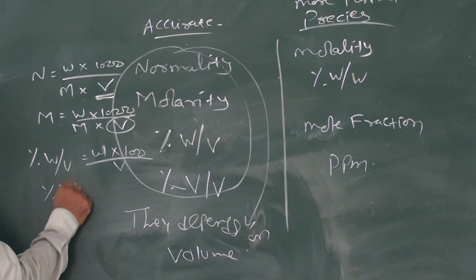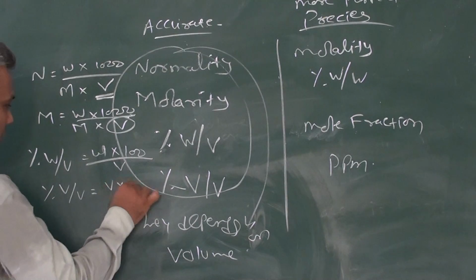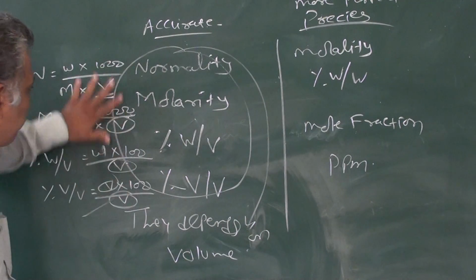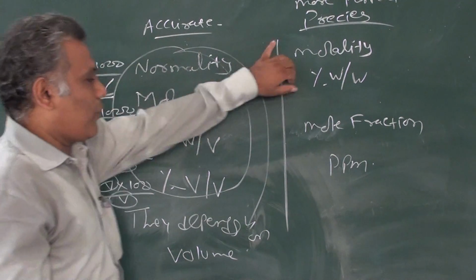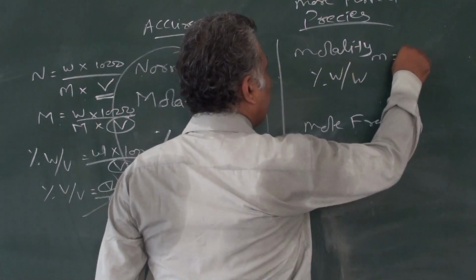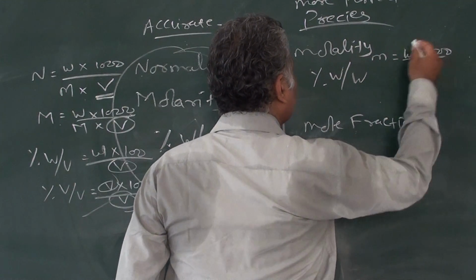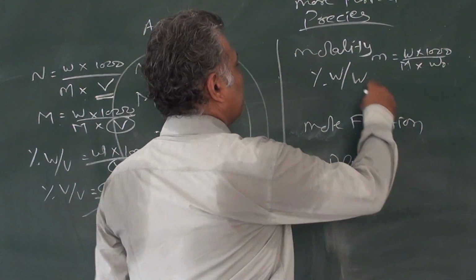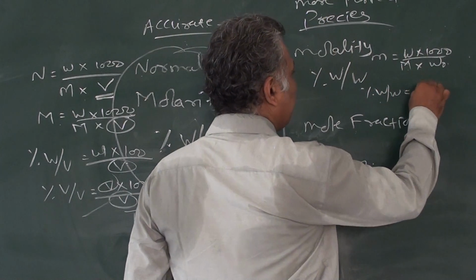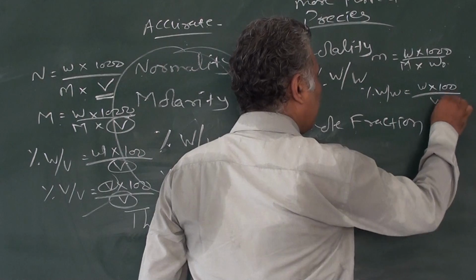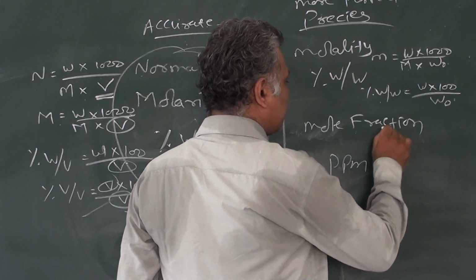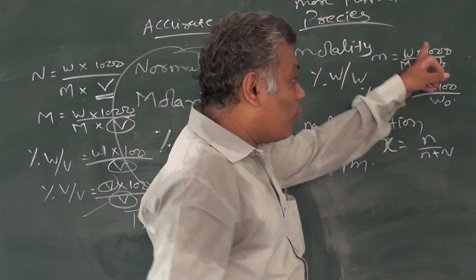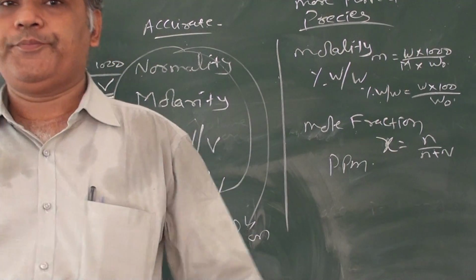Again here, percentage of V by V is equal to volume into 100 by volume. All these terms depend on volume. While if I go for molality, we are going to get weight into 1000 by molar mass into weight of solvent. Percentage of W by W we will write as weight into 100 by weight of solution. Mole fraction is indicated as moles upon total moles. So nowhere is the unit of volume there.